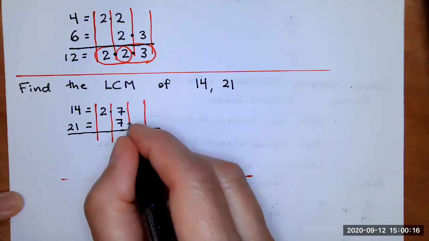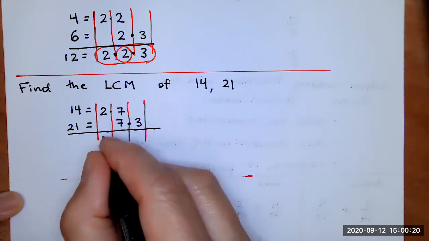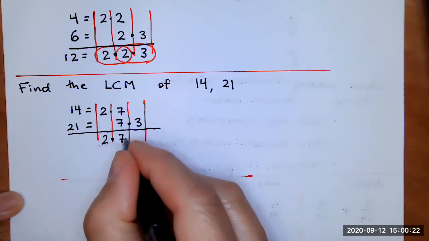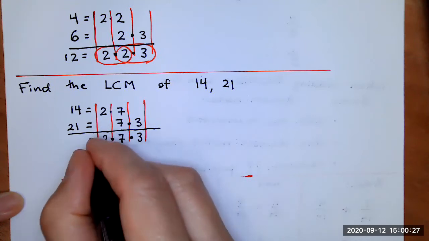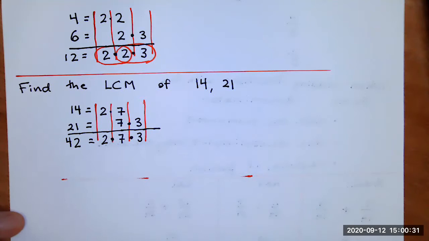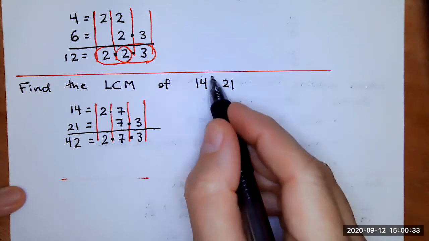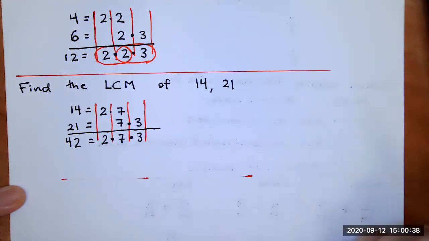So we have to give it its own column. And then we bring down each unique factor. 2 times 7 times 3 is 42. So 42 is the smallest number that 14 goes into and 21 goes into.